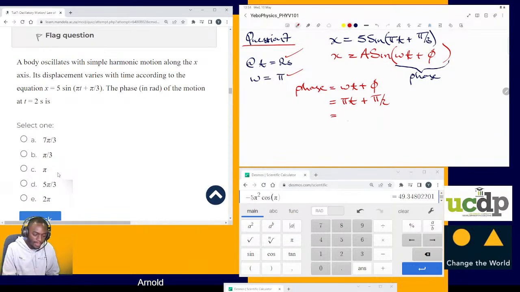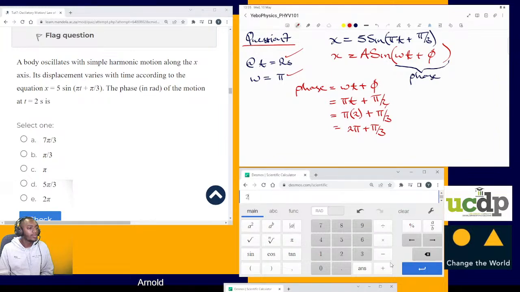So what do we have? Our pi is pi, that's 2, plus pi over 3. So this is just 2 pi plus pi over 3. So are we giving it in terms of pi here? So it will be 2 plus 1 over 3, which is 7 over 3.